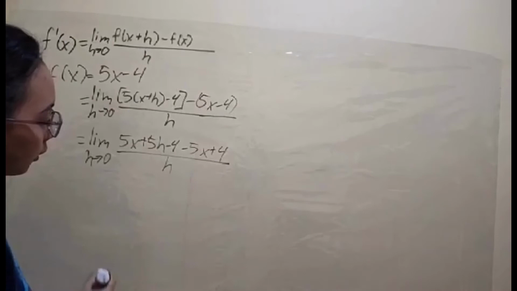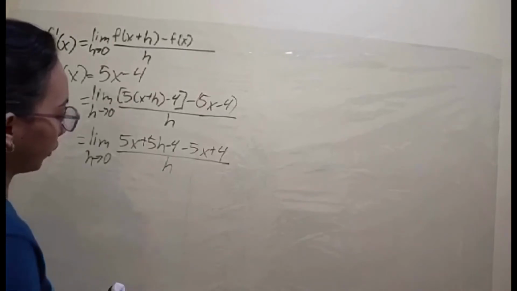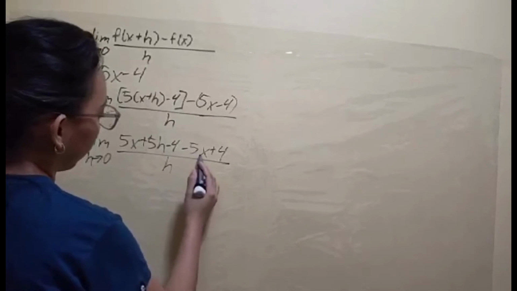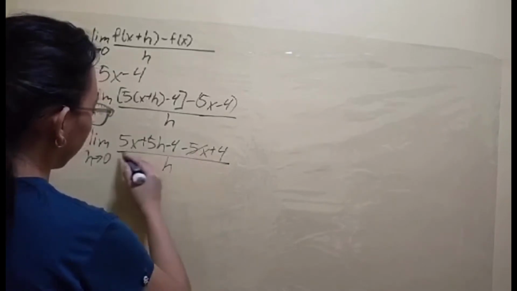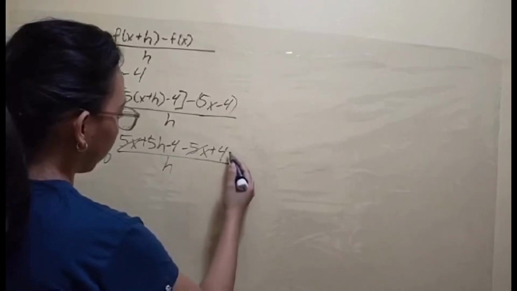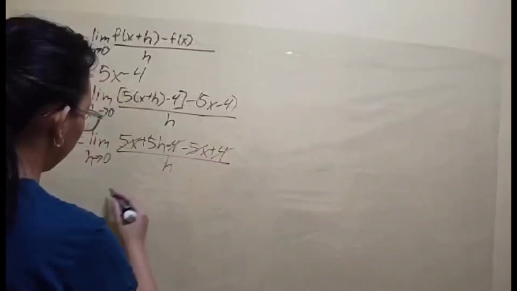Then, add all the constant terms. 5x plus negative 5x equals 0. Negative 4 plus 4 equals 0.